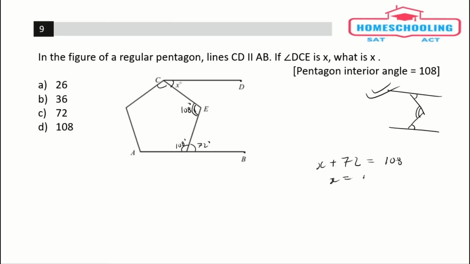So x would be 108 minus 72, that would be 36. So x is 36 degree. So this is going to be your answer, 36 degree. Now moving to the next question.